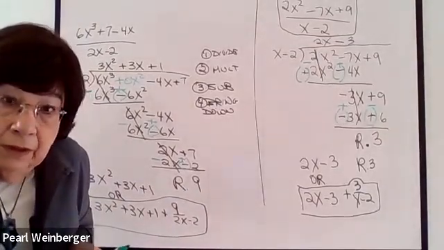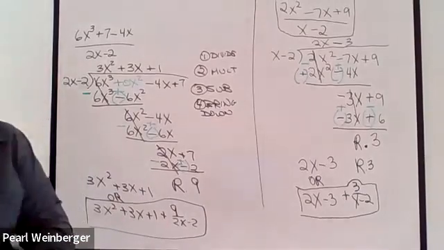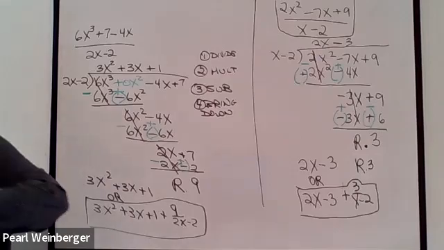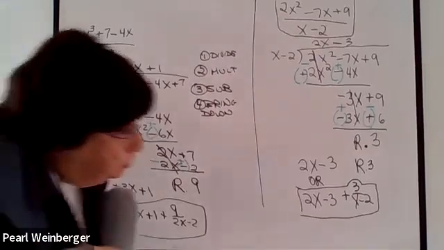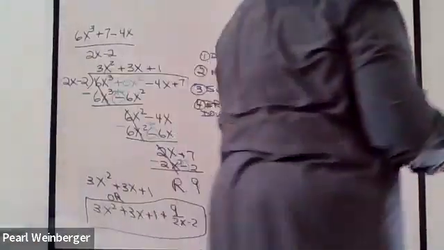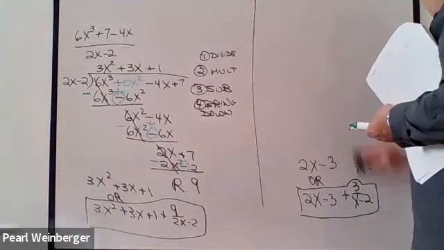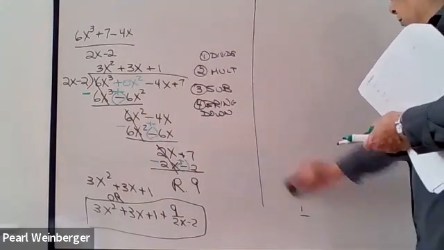Okay. Let's see if I can give you one to try on your own. Here, I'm going to erase this one over here. And since this is off a final, it's a multiple choice.